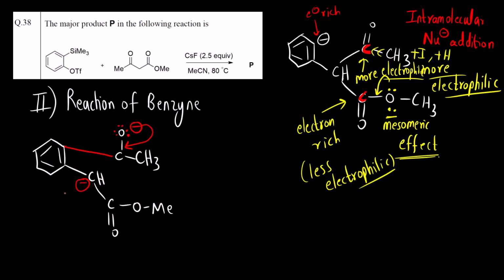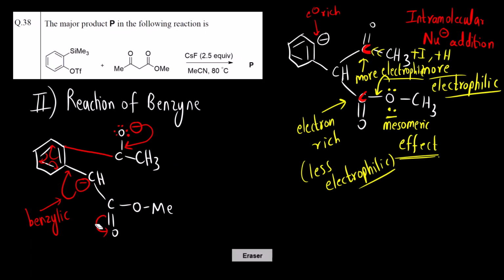Why is this negative charge formed here? Because it is stabilized by two factors. One is the resonance with the benzene ring, that is, it is present at the benzylic carbon. Another reason is that it is stabilized by the carbonyl group of the ester.